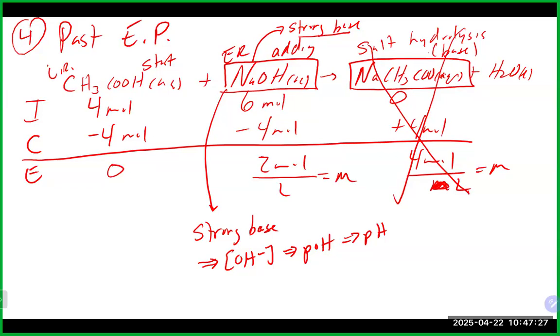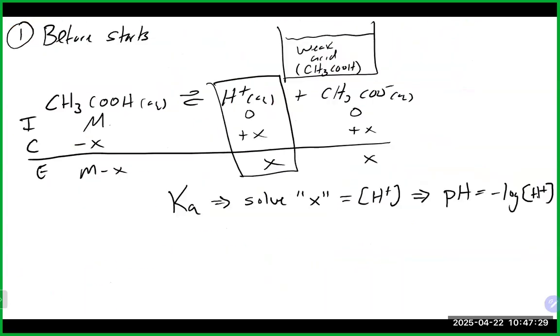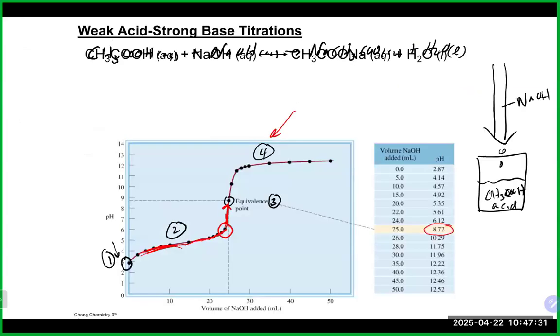The good news is, you kind of have done all these problems. The key is to know when you should do these problems, right? So at the very beginning, we have a Ka type of problem, a weak acid. At number 2, we should hit a buffer if you're doing everything correctly, which means you need at least one ice table and the Henderson-Hasselbalch equation.